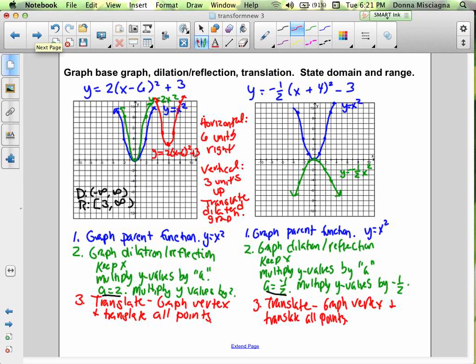And now into the last thing, we're going to translate. Right? So we have a horizontal and a vertical translation. All right, so when we see plus, we know that plus is really minus a negative 4. All right, so our graph is going to shift 4 units left.